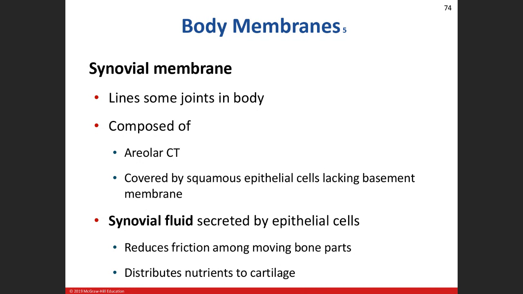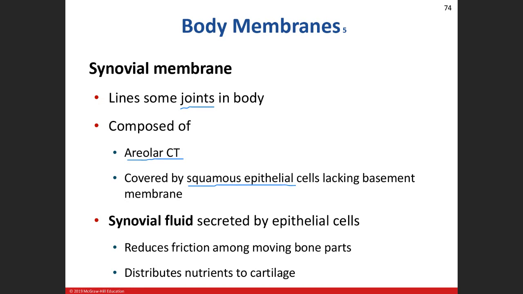All right, and then the last body membrane is the synovial membrane. We will find this type of membrane in the joints. We have areolar connective tissue that helps make up part of this membrane, and on top of that is simple squamous epithelium. Which is interesting here, again, there are always exceptions to the rule.